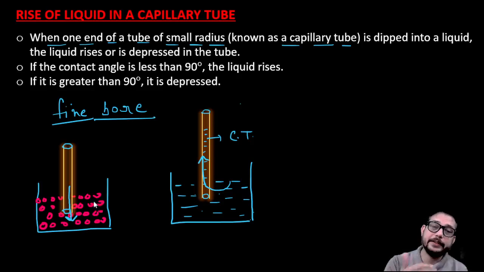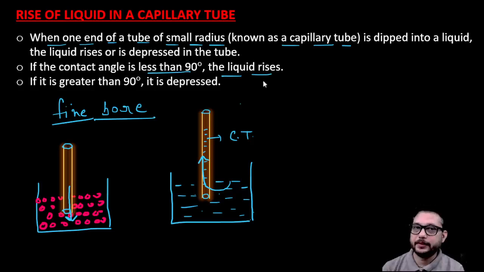So why does this happen? This happens due to the contact angle, as I discussed in the earlier lecture. What is the contact angle? If the contact angle is less than 90 degrees, as in the case of water, the liquid rises. But if the contact angle is greater than 90 degrees, it is depressed.